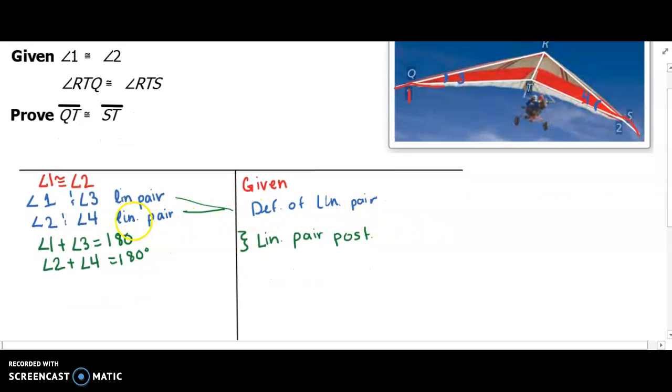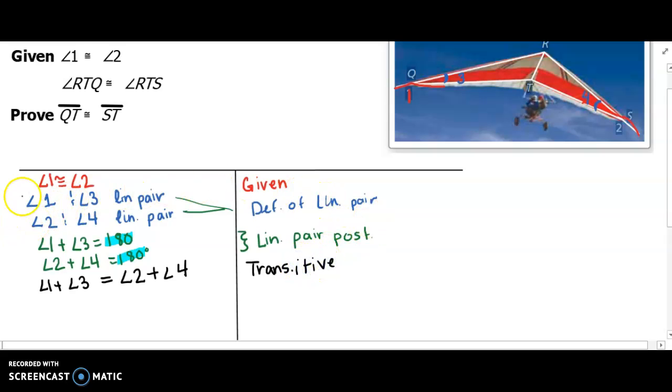All right, so if both of these are equal to 180, then I could say that angle 1 plus angle 3 is going to be the same as angle 2 plus angle 4, because both sides are equal to 180. And that would be the transitive property. If you want to write substitution, you can.